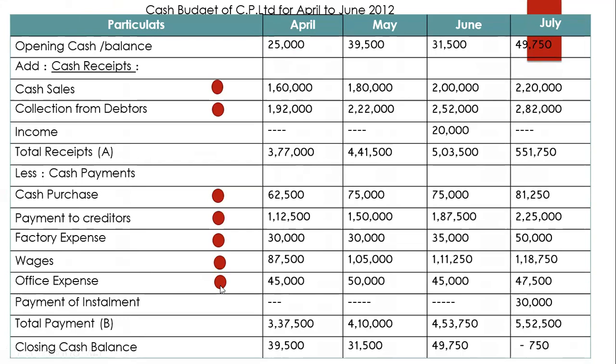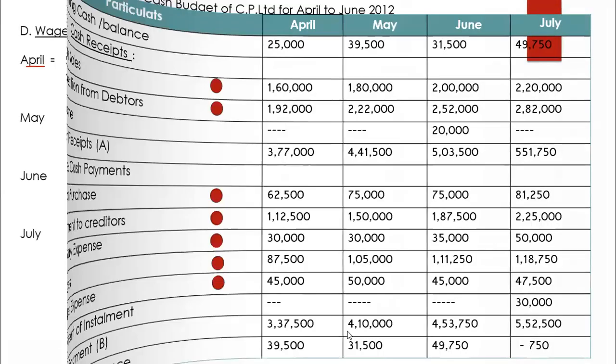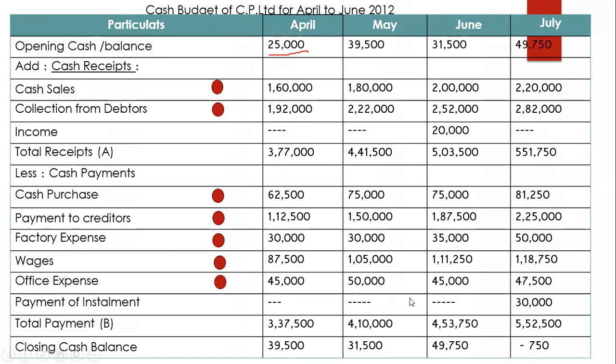Same way office expenses are also there: 45,000, 50,000, 45,000 and 47,500. One payment of installment will come in July, so we'll write down 30,000 in the July month.